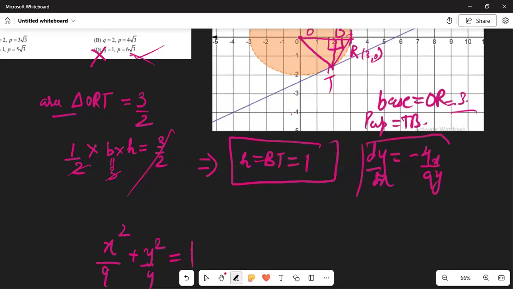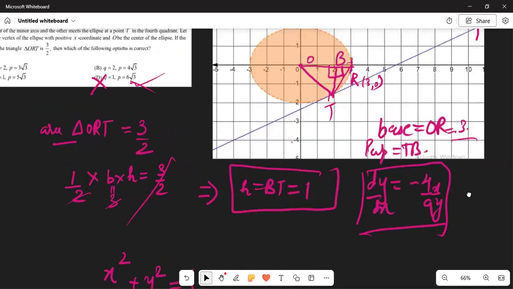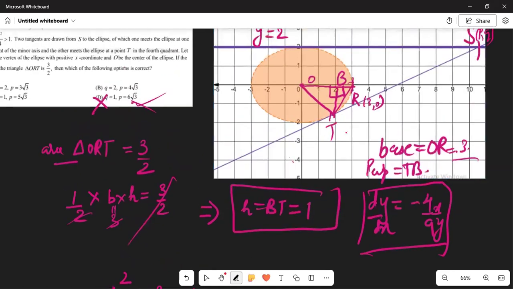Just substitute the coordinates of T, but we don't know T right now. If we assume T to be some point (a, b) and substitute, we are going to get two variables, a and b.